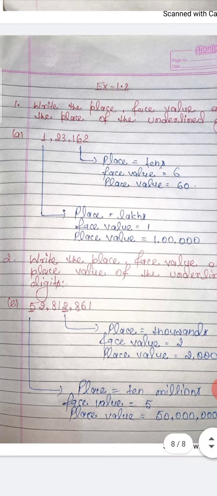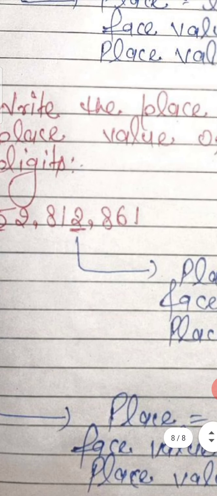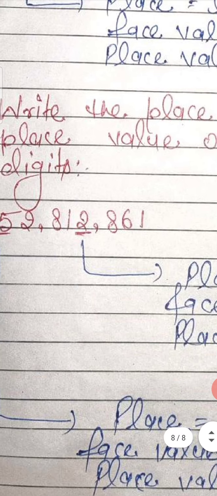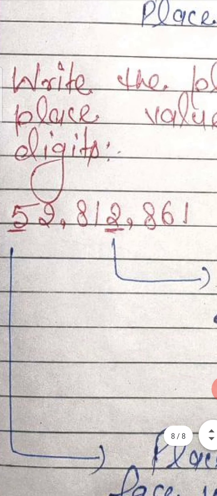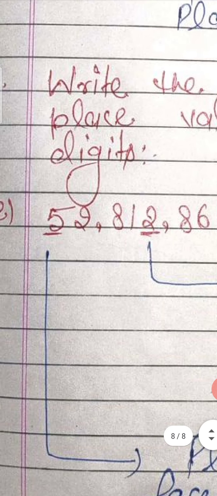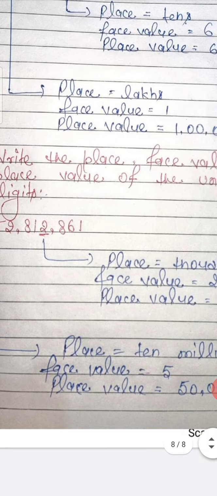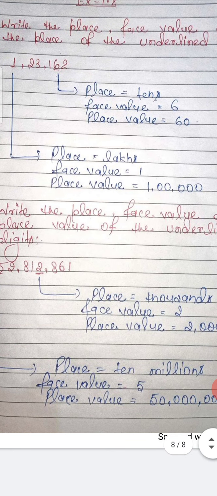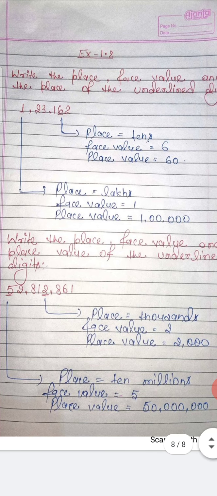Now see, we read right to left: ones, tens, 100, 1000, 10,000, 100,000, million and 10 million. Then place of 2 is thousands. Face value of 2 is 2. Place value of 2 is 2000.